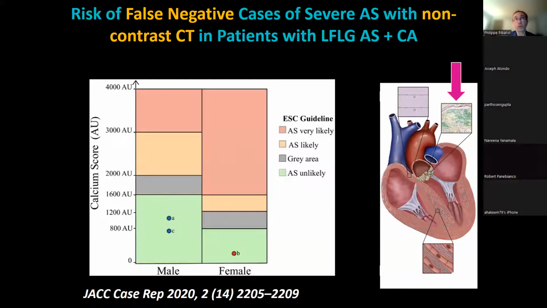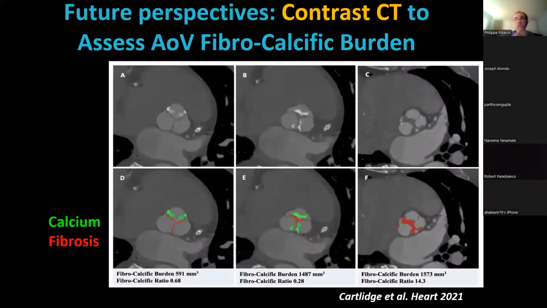In other words, there is probably an amyloid form of aortic stenosis. And so you have deposit of amyloid substance, not only in the myocardium, but also in the aortic valve, which leads to thickening and stiffening of the valve and aortic stenosis. And of course, the amyloid substance, as well as the fibrotic tissue, is not visualized by a non-contrast CT. So you may have some false negatives. So you need to be comprehensive.